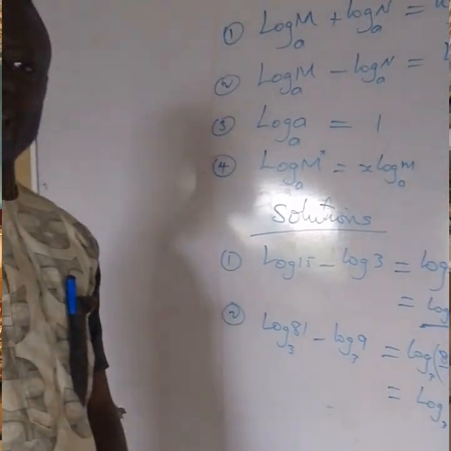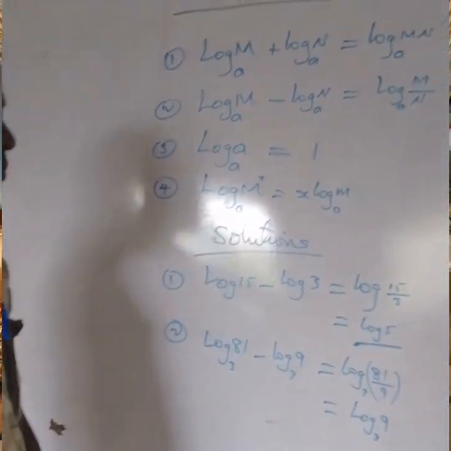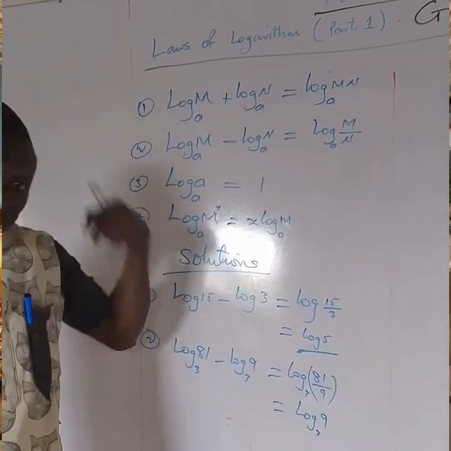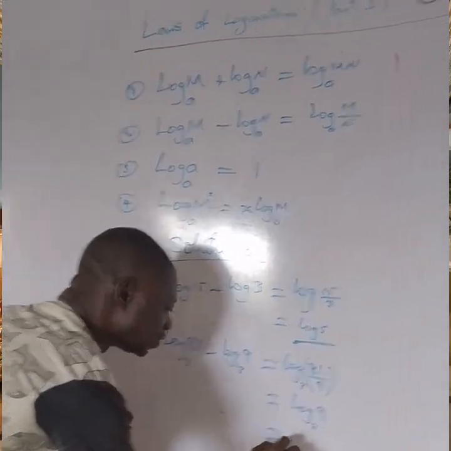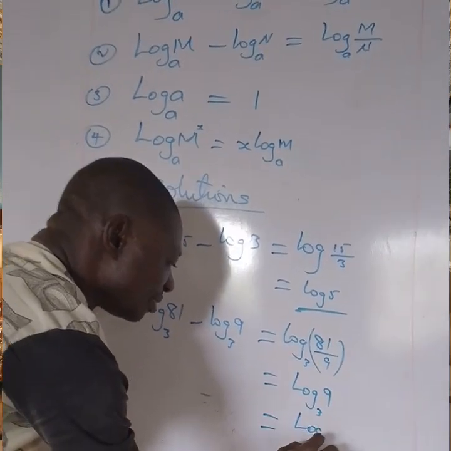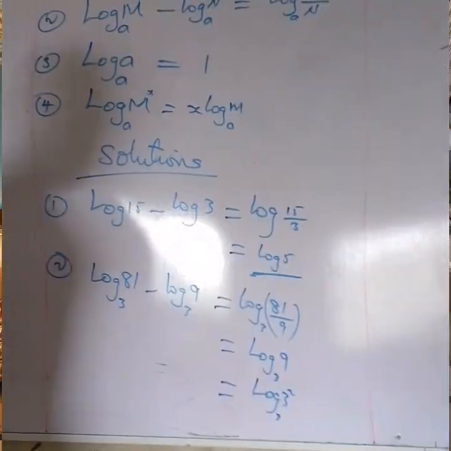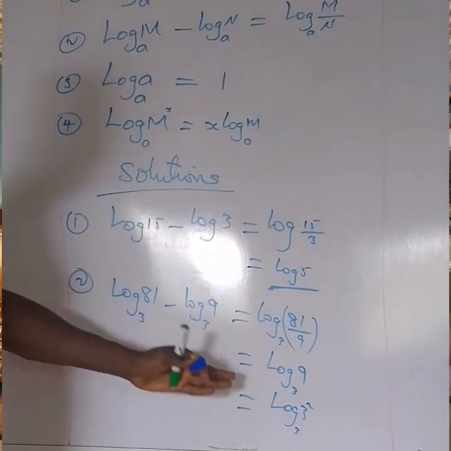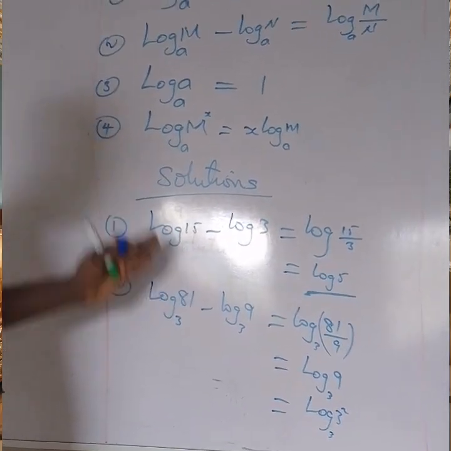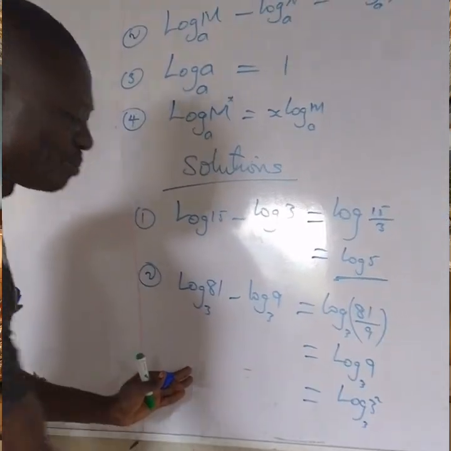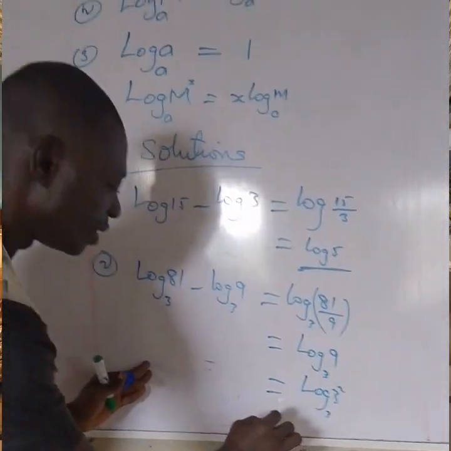But we cannot leave it like this, of course. We are going to make sure that this tallies, because it can be simplified further. And so we are going to have log 3 raised to the power 2 in base 3. What is it going to be now? Taking the law number 4 here, we are going to bring 2 to become multiplication here.